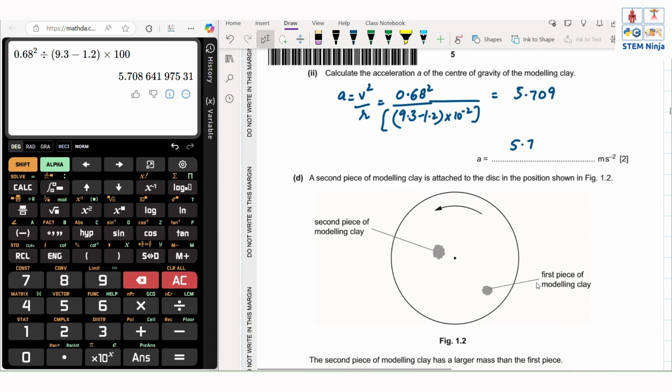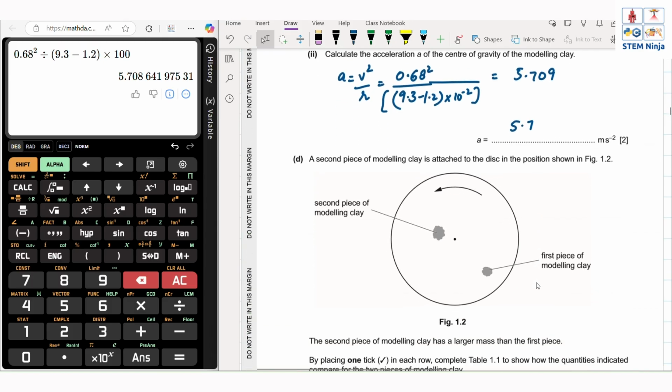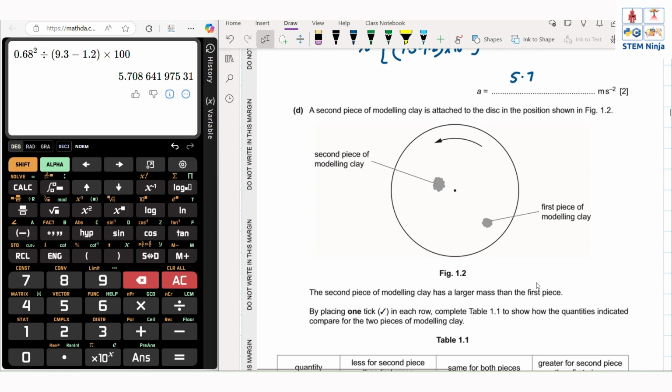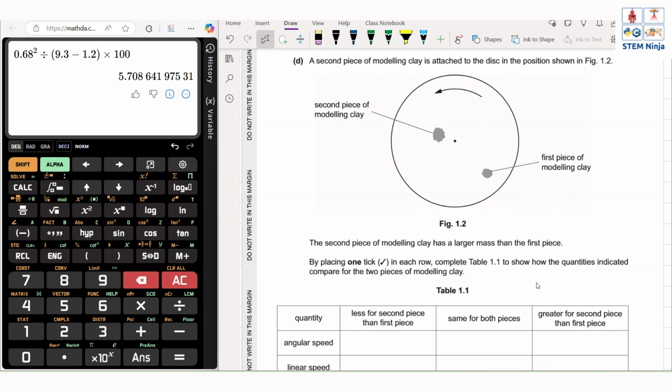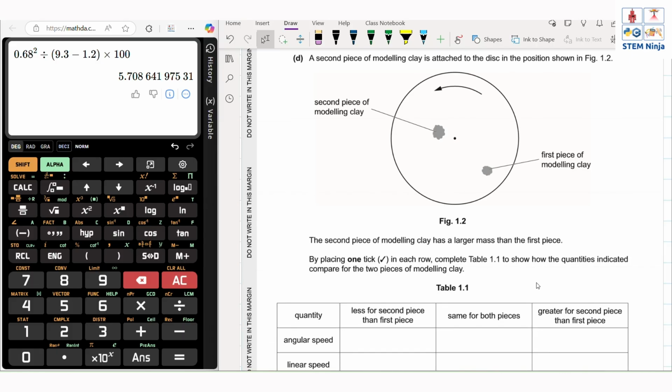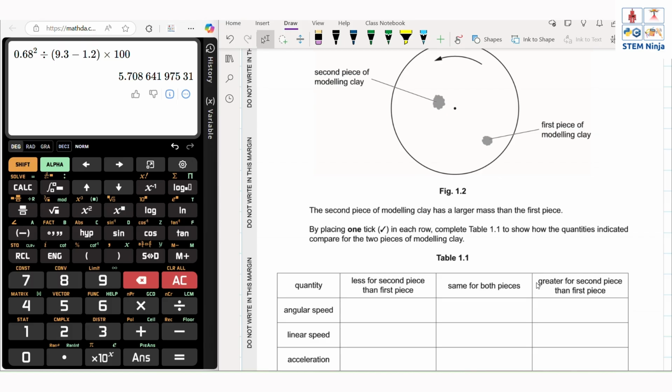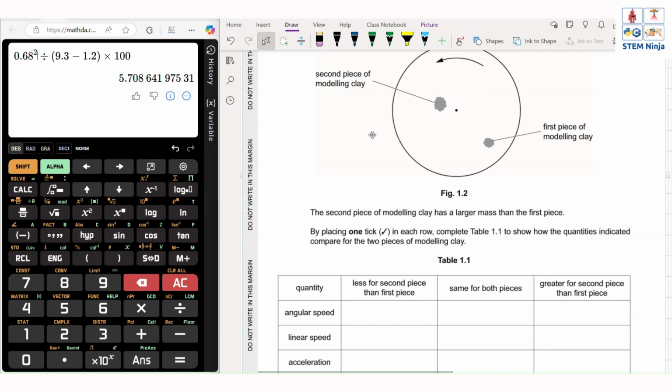A second piece of modeling clay is attached to the disk at the position shown. The second piece of modeling clay has a larger mass than the first piece. By placing one tick in each row, complete table 1.1 to show how each quantity compares for the two pieces of modeling clay. For angular speed, it is the same because angular speed depends on 2 pi over the time period.